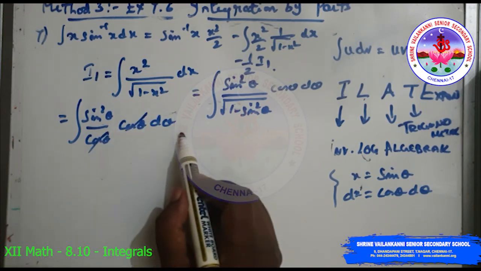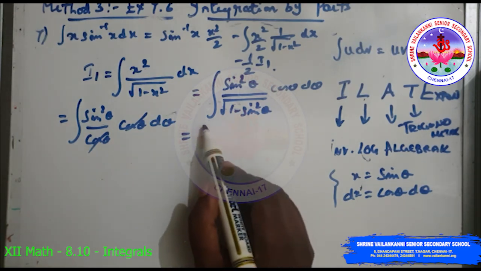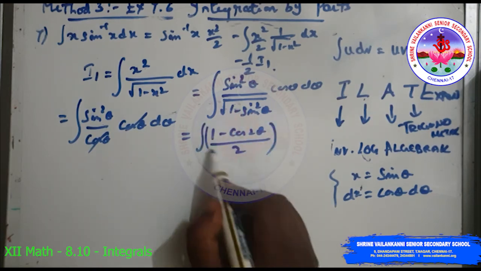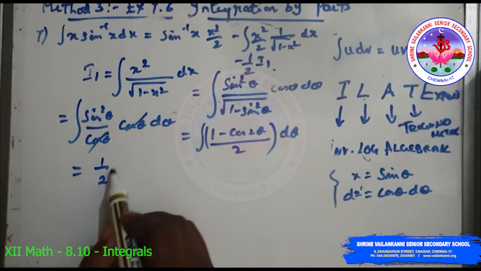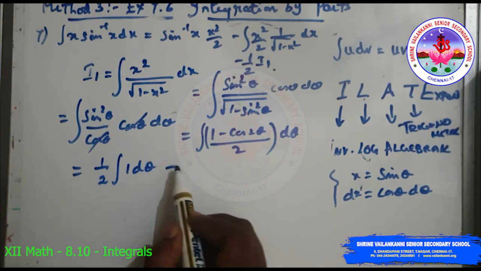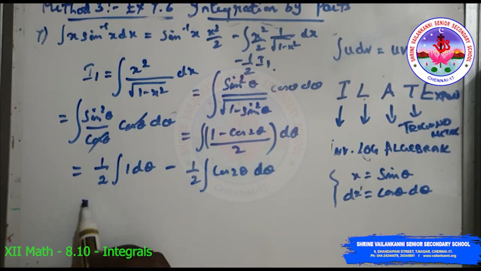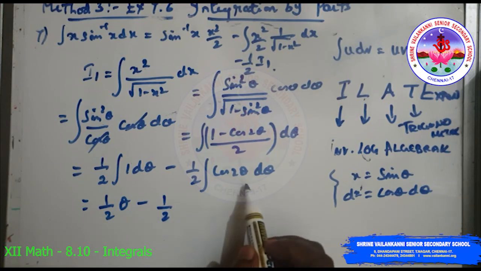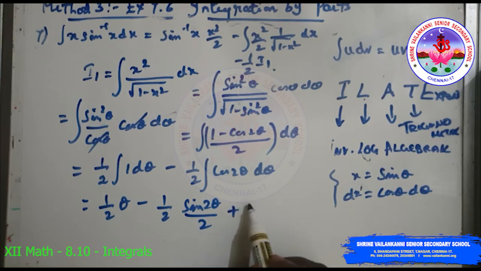Cancelling these two, sine square theta using the formula 1 minus cos 2 theta by 2, I am writing this as 1 minus cos 2 theta by 2 into d theta. Separating into two integrals, half of 1 d theta minus half of cos 2 theta d theta, which is equal to half theta minus half of the integral of cos, which is sine 2 theta by 2, plus c.